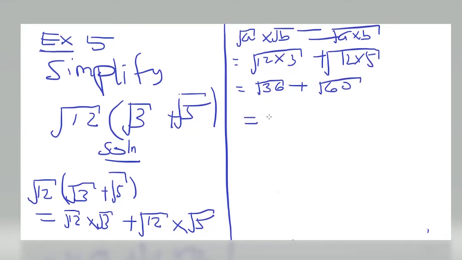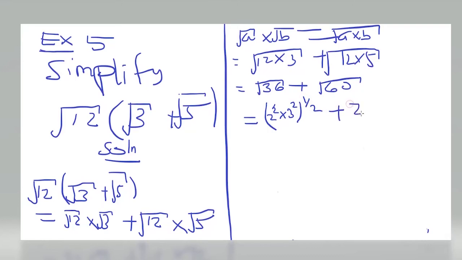Now the factors of 36 are 2 power 2 times 3 power 2, all to the power of a half, then plus the factors of 60.